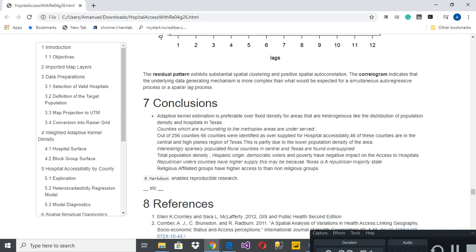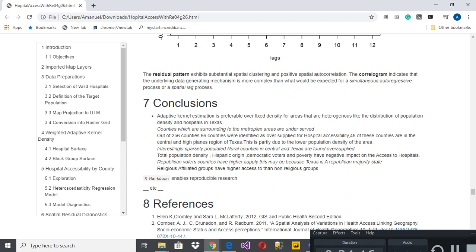This is partly due to the lower population density of the area, and those areas are called the Bible Belt. That means they have high religious affiliation groups. And some of the sparsely populated rural counties in Texas are found oversupplied.